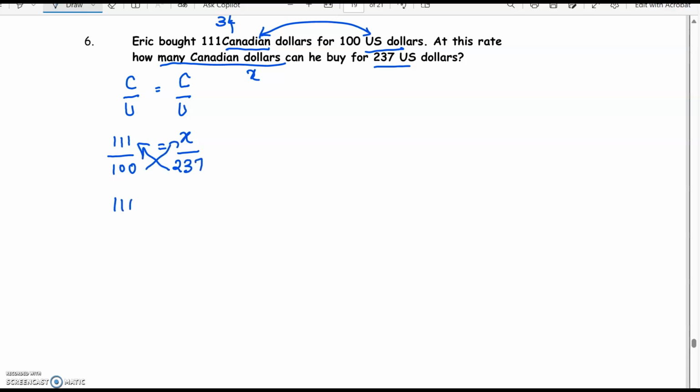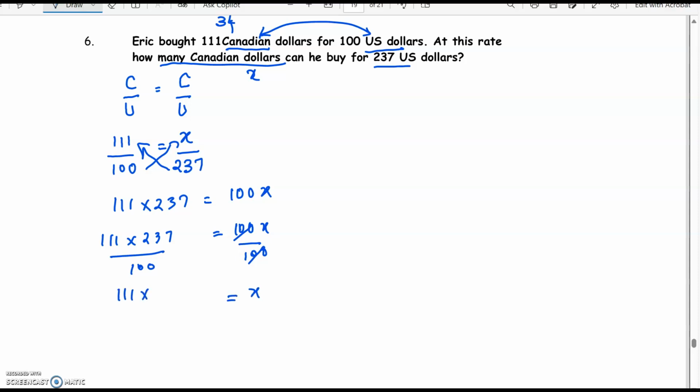So 111 times 237 is equal to 100x. Now we have to solve for x, which means we get x by itself. And for that, we need to divide both sides by 100. And we have x equals 111 times 237 divided by 100.